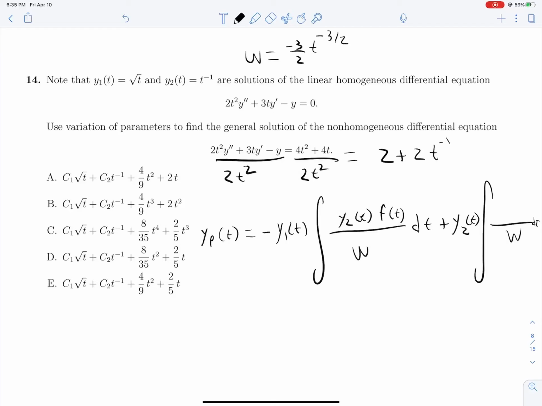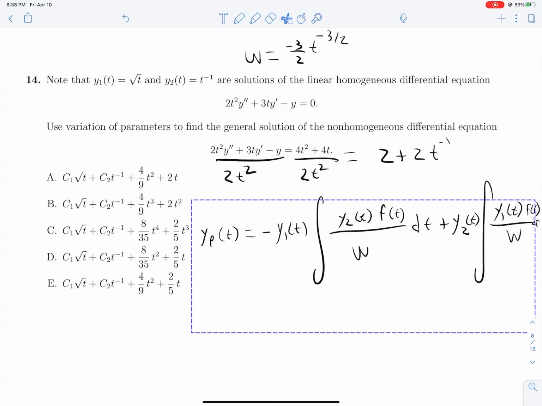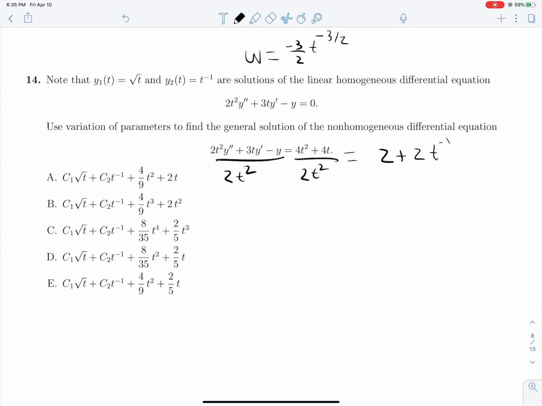I know I'm doing this in a weird order, I apologize. Okay, so now that we've got that in our heads, let's actually set it up and start to compute it.